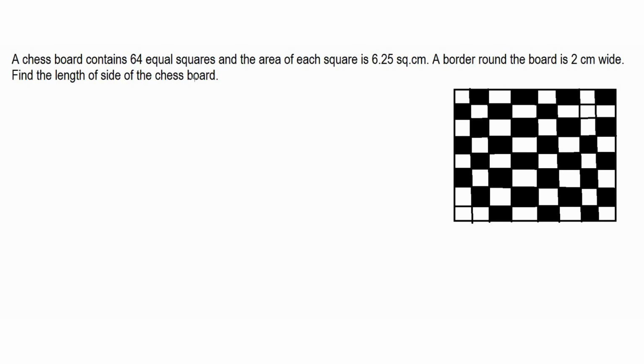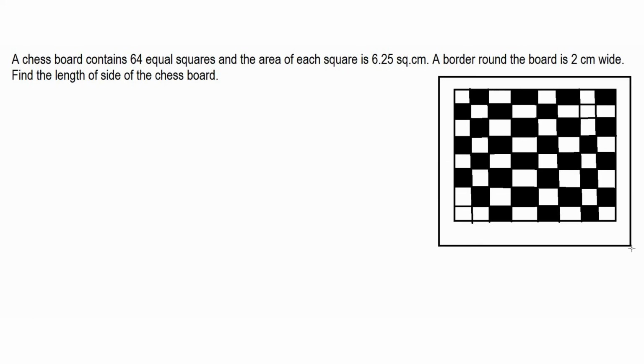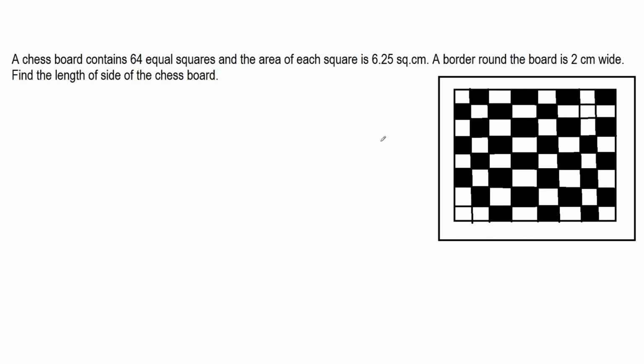A chessboard contains 64 equal squares and the area of each square is 6.25 square centimeters. A border around the board is 2 centimeters wide. So there is a border around the board which is 2 centimeters wide. So this particular length that we have, this is 2 centimeters on all sides.